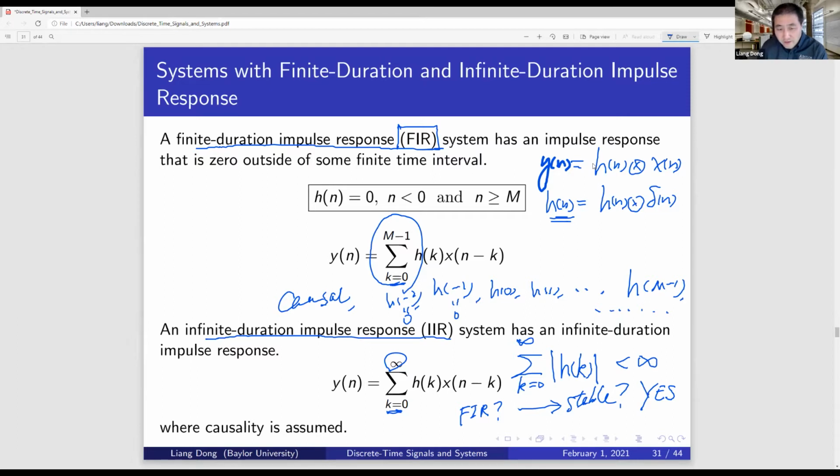For an FIR system, the summation is only in the range k from 0 to M-1. Because I have only finitely many of those h's, I have M h's, the sum will always be less than infinity. So a finite impulse response system is always stable.